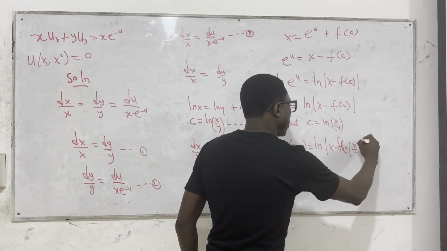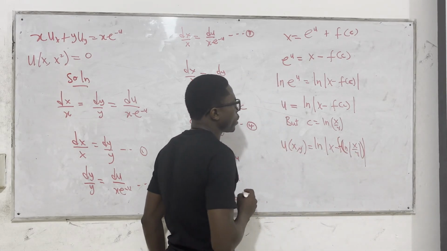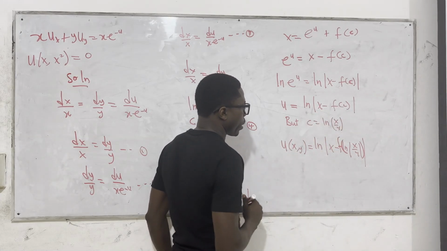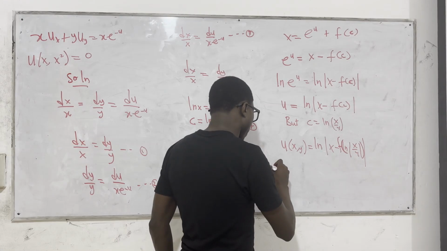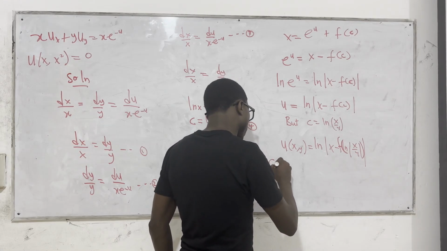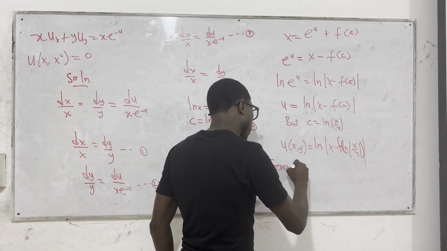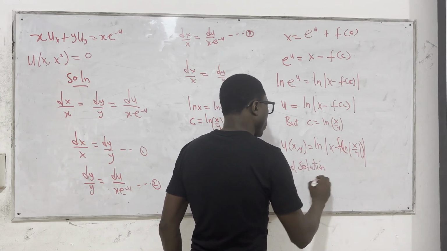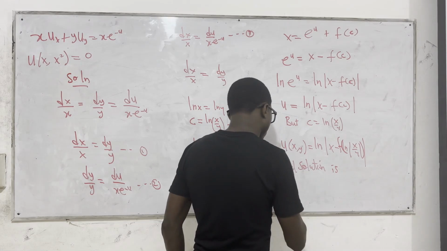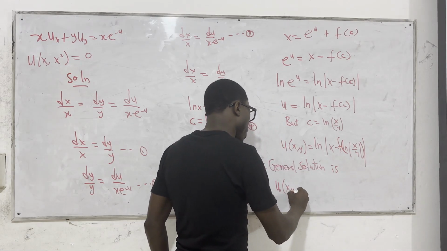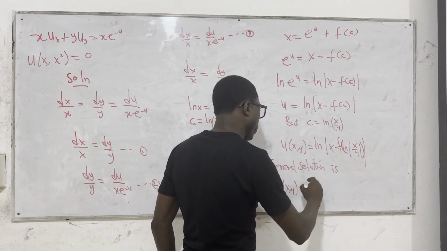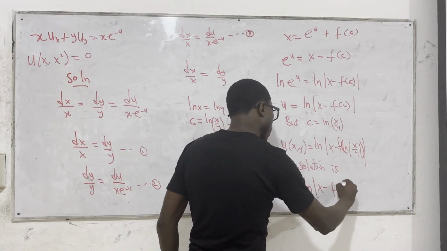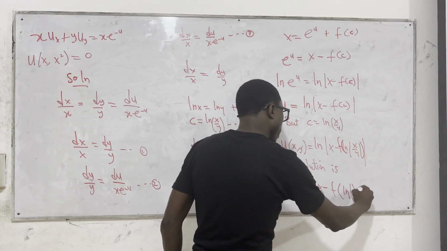A function of that. Because wherever we see c here, we put this one there. So we have, therefore, the general solution is u of xy is equal to natural log of x minus the function of the natural log of x over y.